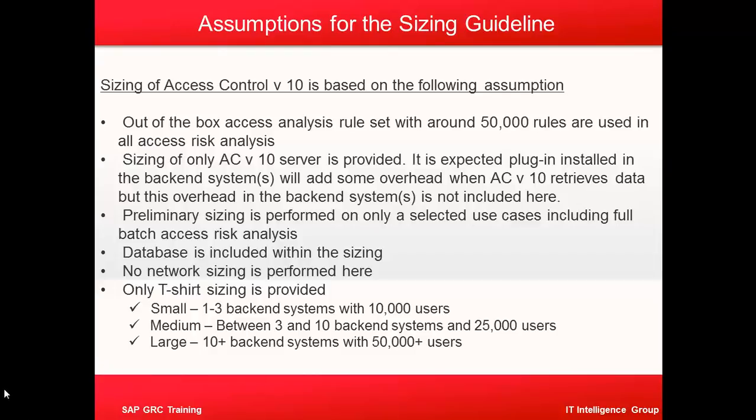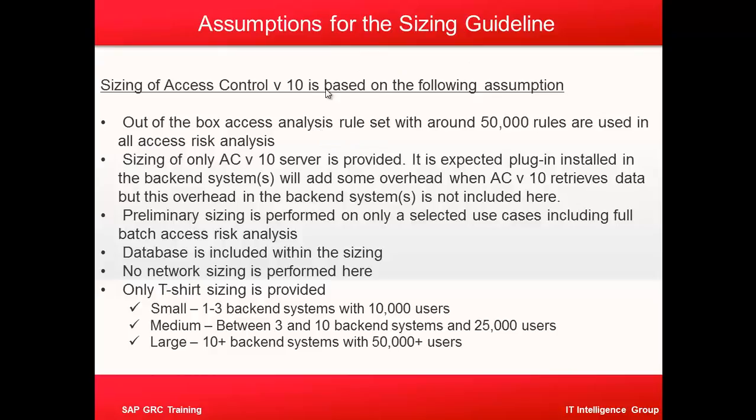We will show you the t-shirt sizing, that is, the sizing which we can use as a base. We will be showing you this assuming that we have, say, 50,000 rules in the risk analysis rule set. Sizing of only the Access Control version 10 server is provided.